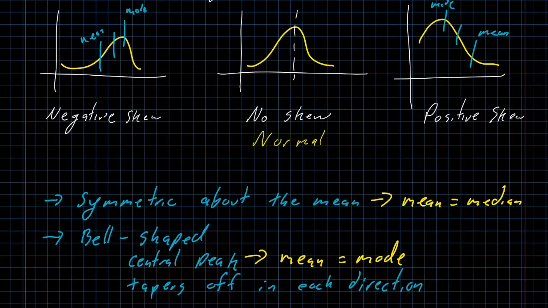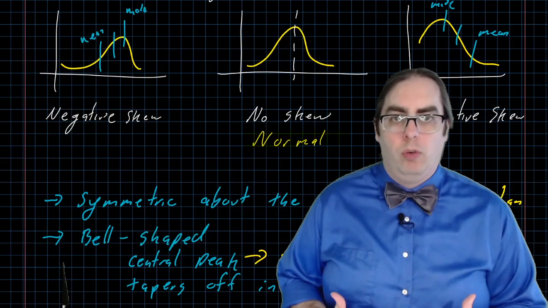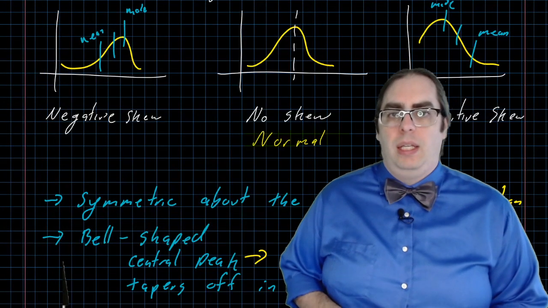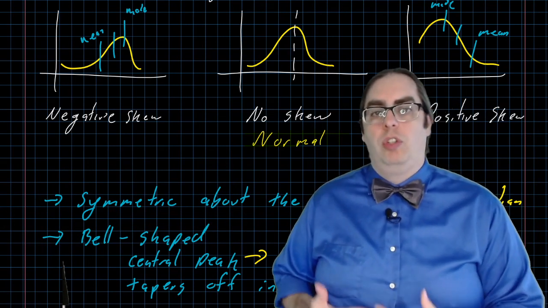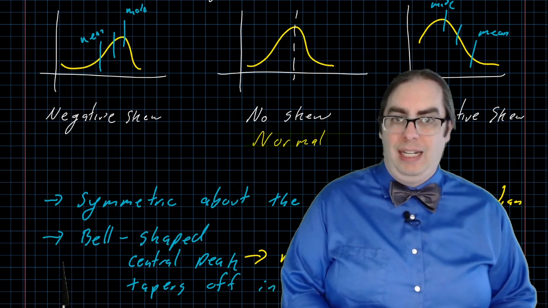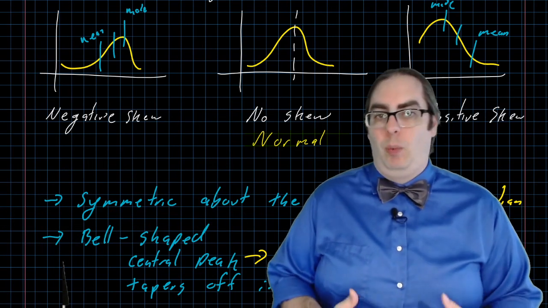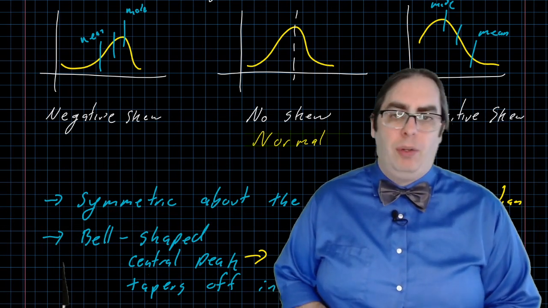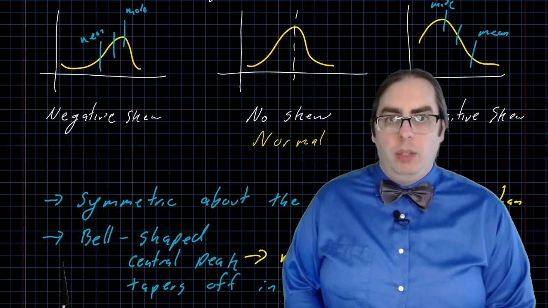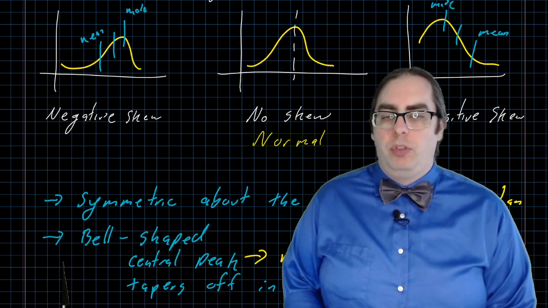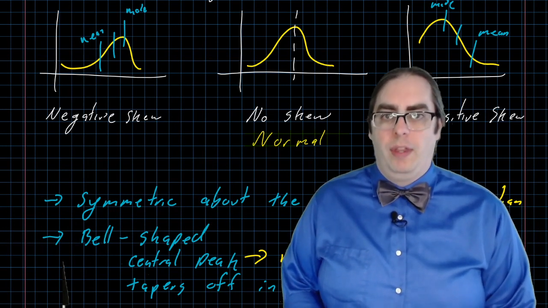So one of the reasons that studying the normal distribution is so useful is just for the sake of simplicity. Normal distributions give us nice data. They give us a nice thing that we can analyze without all that much complication. We'll see a little bit later that the normal distribution is actually far more important than that.